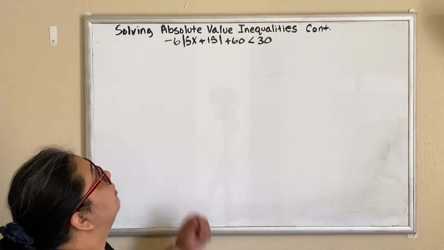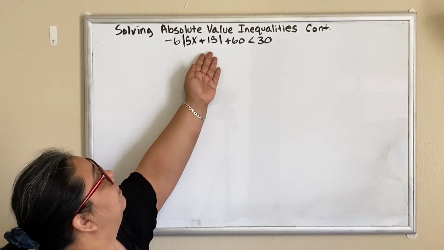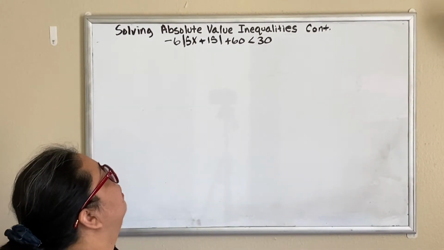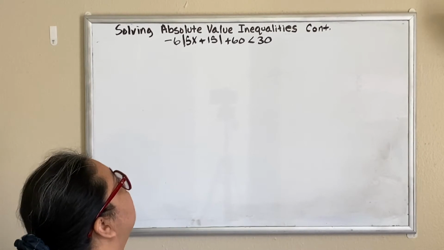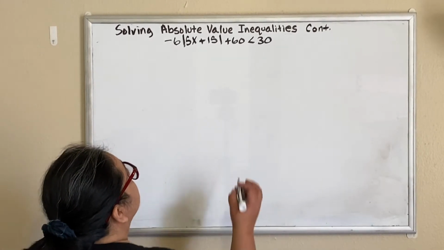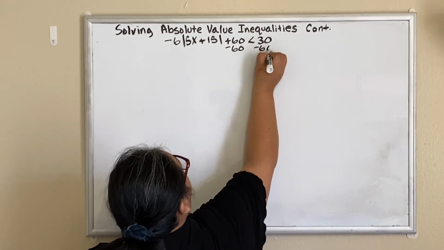Okay, so example 2 is negative 6 times the absolute value of 5x plus 15, plus 60, is less than 30. Our absolute value is not isolated, so we need to isolate it by using reverse order of operations. In order to do that, I need to subtract 60 first from both sides.